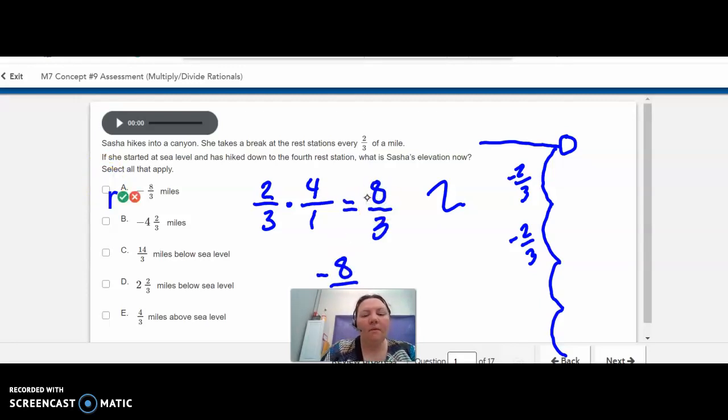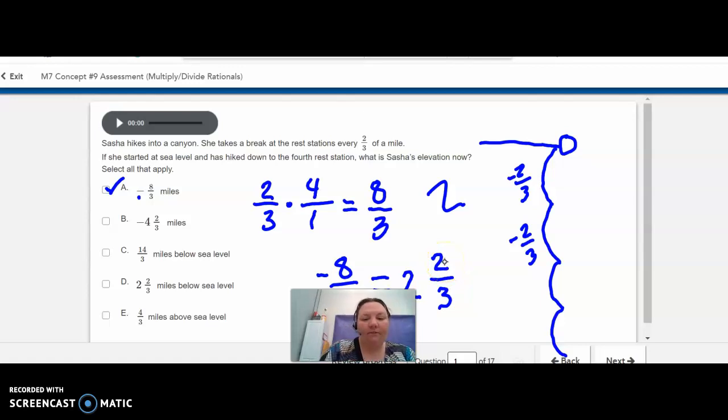Okay. But we also can turn these into a mixed number. You might remember that we want to do that by thinking about how many wholes we can pull out. So I know that 3 times 2 is 6. If I pull 6 out, 8 minus 6 leaves me with 2/3 left. And we could double check that. Someone reminded us in our shared chat that we could double check this by saying 3 times 2 is 6. 6 plus 2 is 8.